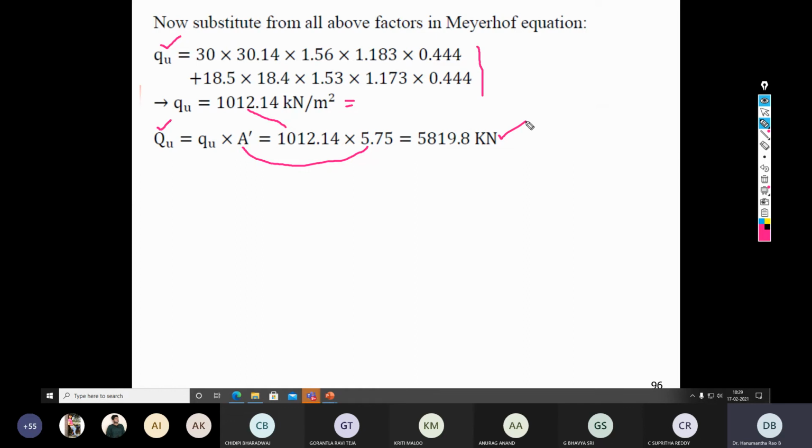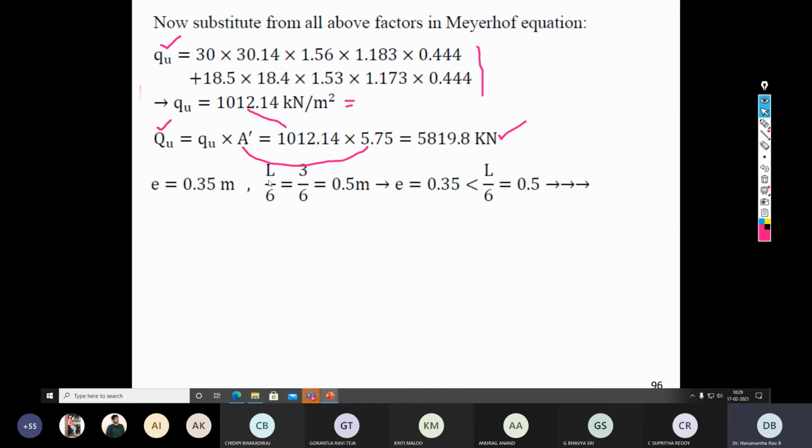Okay, but what about the bearing pressure coming from the footing? That is in terms of Q max and Q minimum. So for that you need to calculate. The first thing is that you need to ensure that the eccentricity is within the middle third. Here the given eccentricity is 0.35 meter.